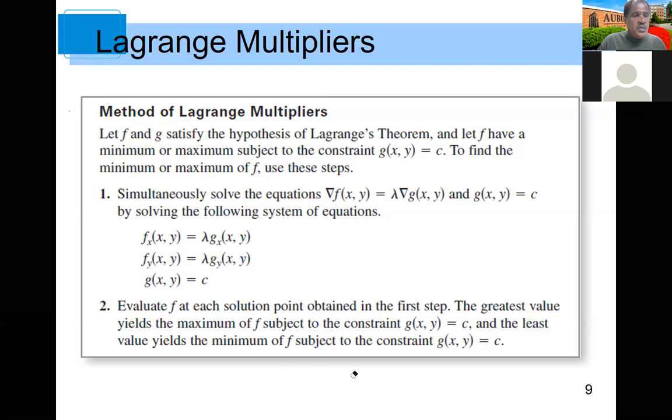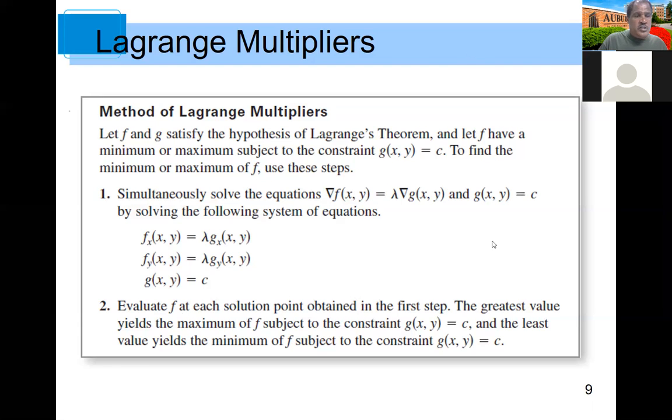Then plug these solutions into f, and the greatest of those values is the maximum. The smallest of those values is the minimum. That's it. So that's the method of Lagrange multipliers. That is how we do it.